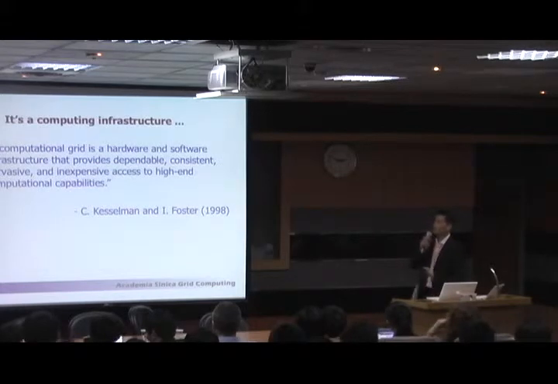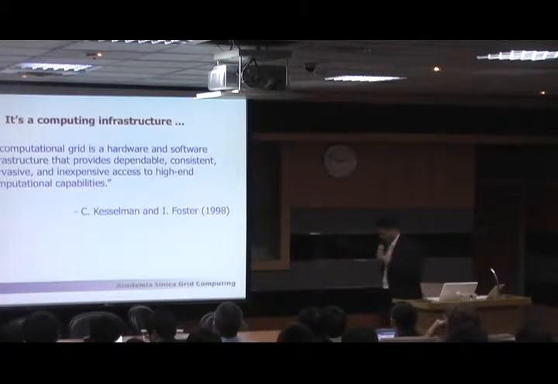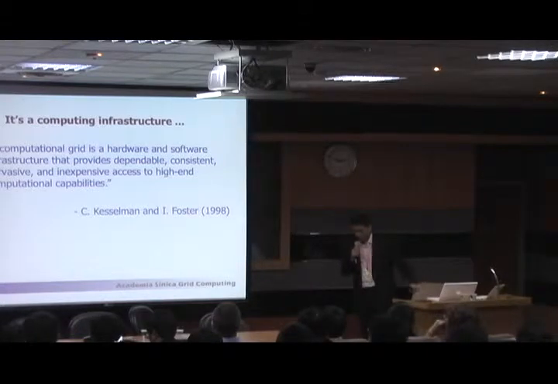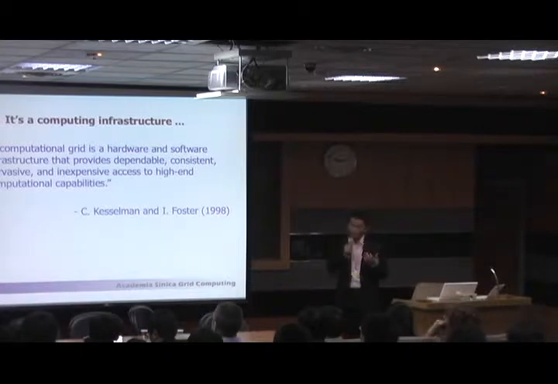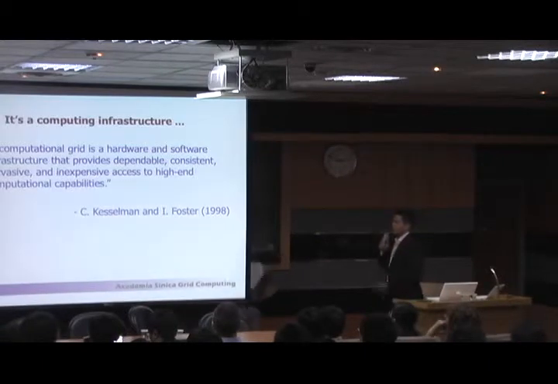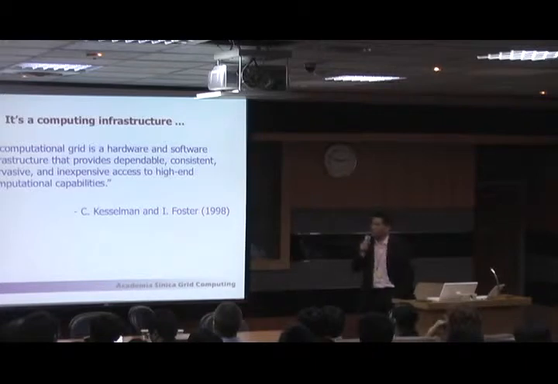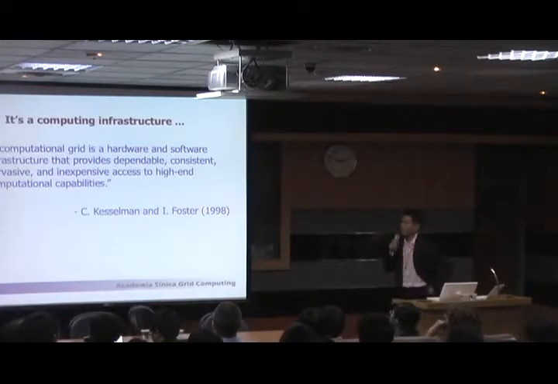So, what is the grid? The first thing I want to emphasize is that the aim of the grid is to provide a computing infrastructure. This term was invented by two people, Carl Kesselman and Ian Foster, in 1998.